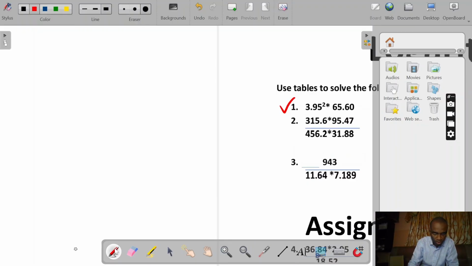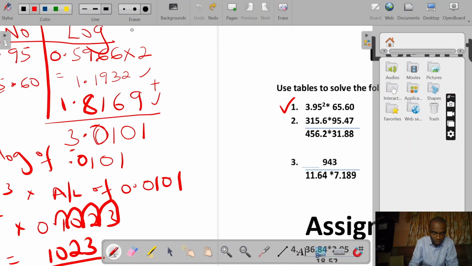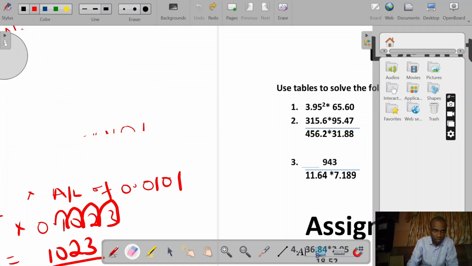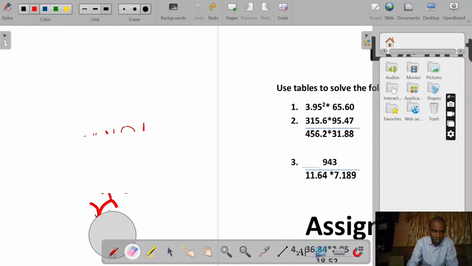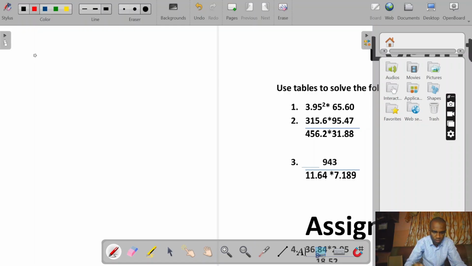So to start with, we'll draw the number log table. So we have to write the constituents of each of those of the question.